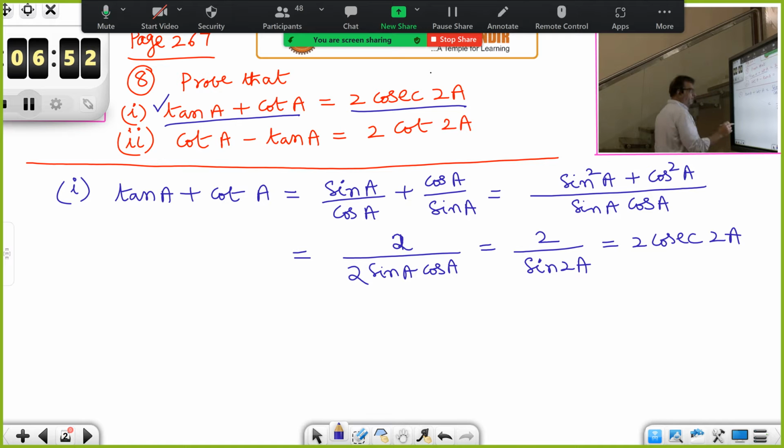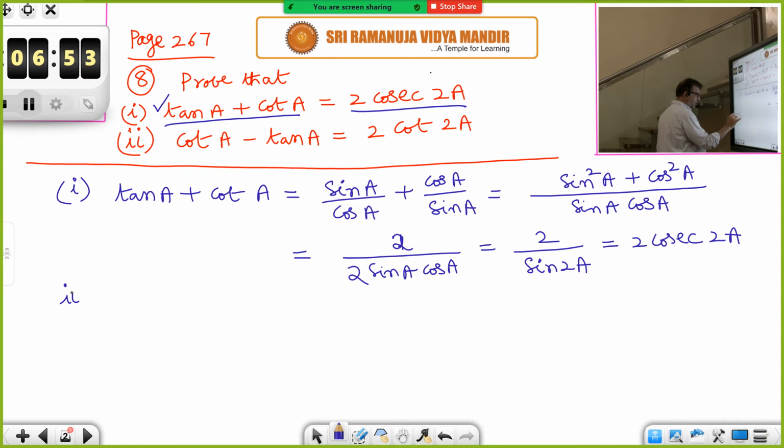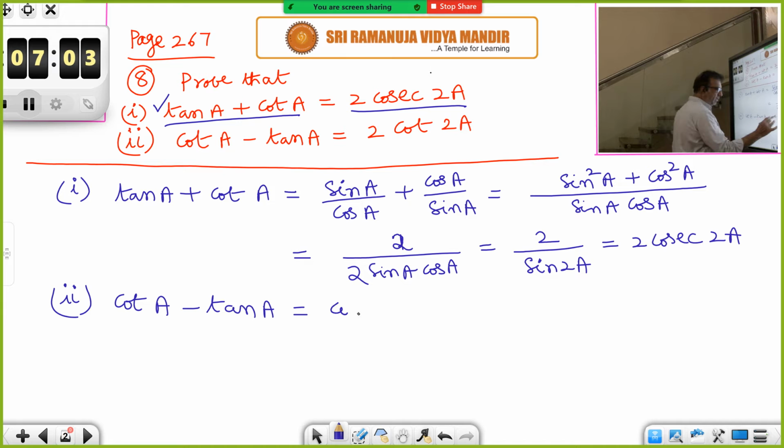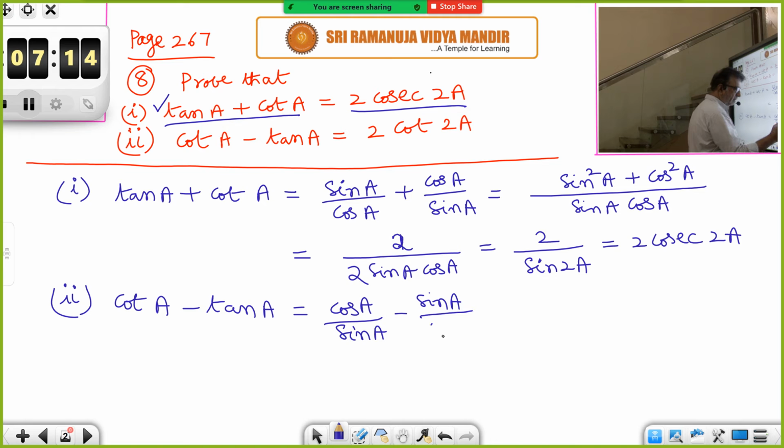Now similarly, please help me in solving the second bit. Cot A minus tan A. Cot A, cos A by what? Next what? Tell me. Minus what? Sin A by cos A, sir. What is the LCM?